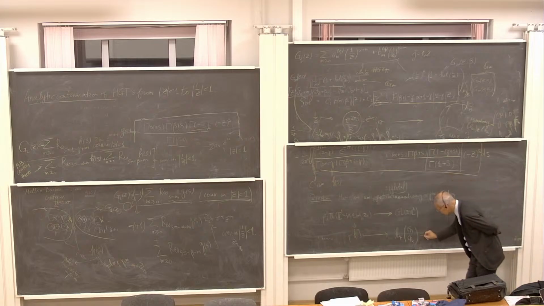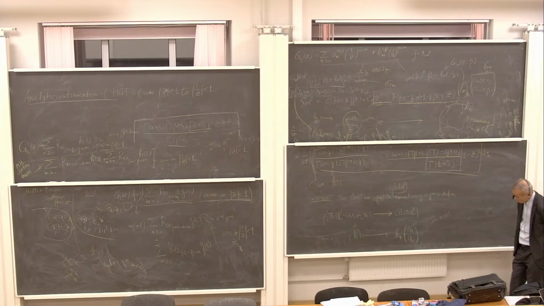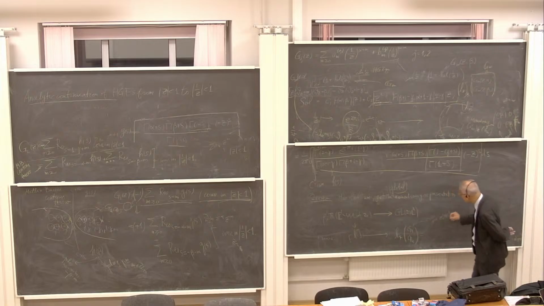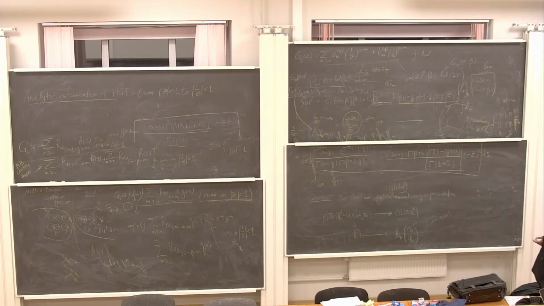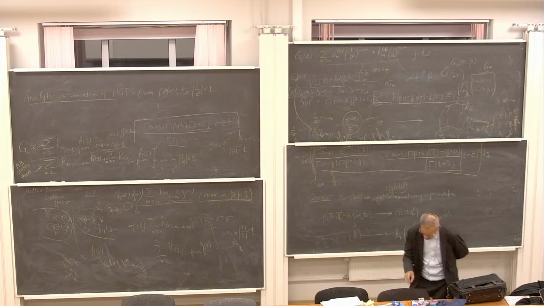In terms of, so G1, G2, that was, these were solutions, series convergent in small z. And consider the analytic continuation along every kind of loop.